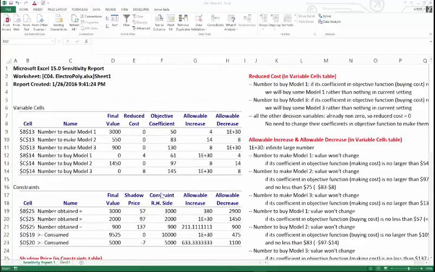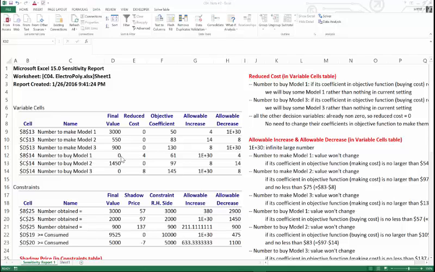Okay, now let's look at the variable cells, reduced cost. Here you will see some of the reduced costs do not equal 0. For instance, number to buy for model 1, its reduced cost is 4. When you check the final value of number to buy for model 1, it is 0.